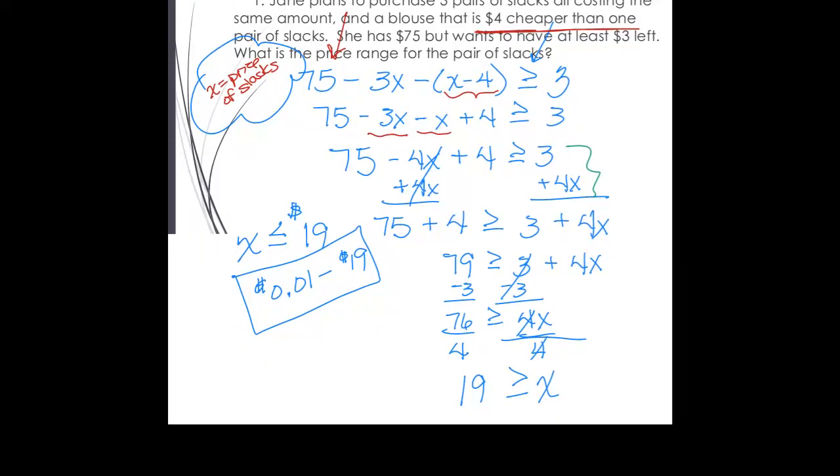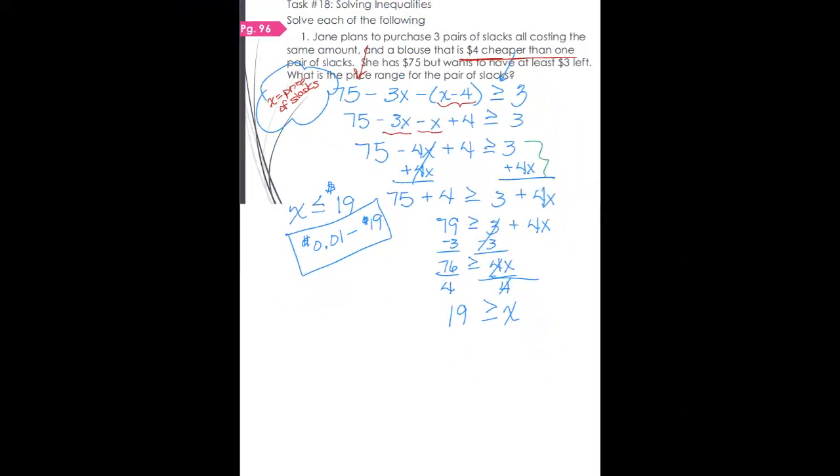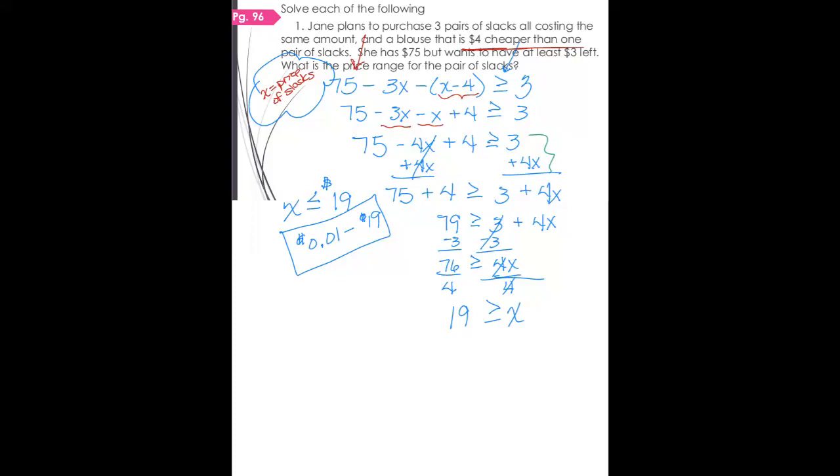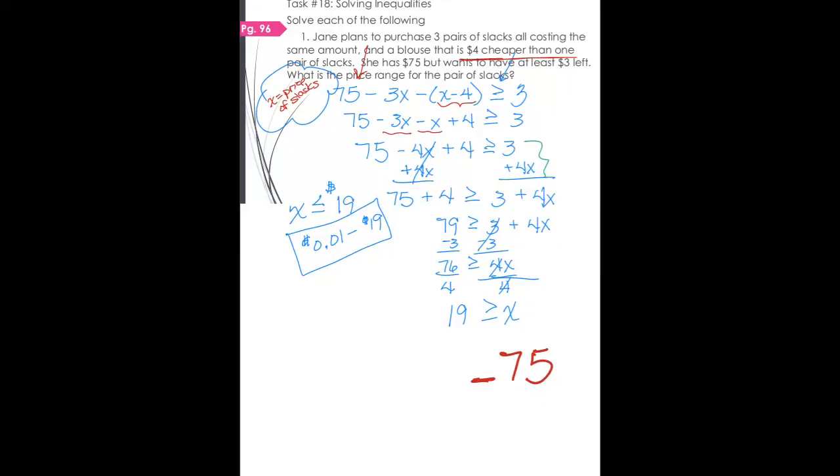Well, let me just show you very quickly. So I probably would have put 75 over on the end. Let me do this a little larger. Okay, 75 over here. I know there was going to be an equal because she wanted $3 or more.